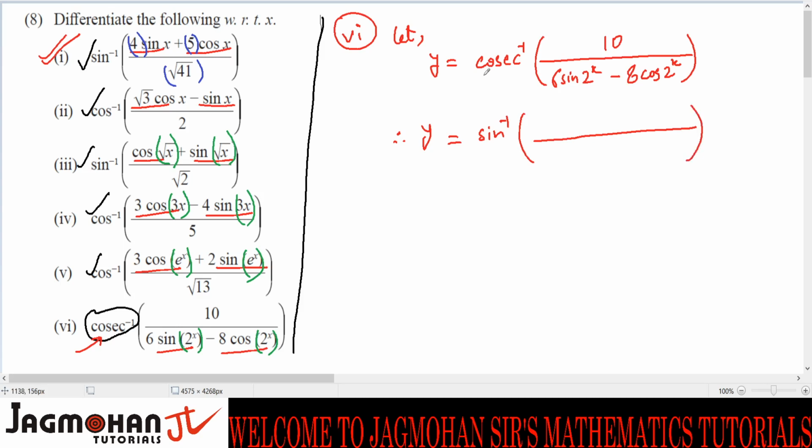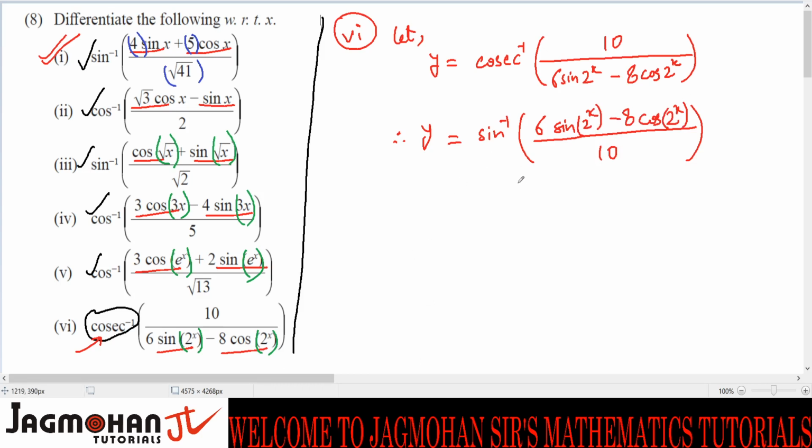Since you are converting cosec inverse to sine inverse, you will write the reciprocal of this bracket. So now the numerator will become 6 sine 2 raised to x minus 8 cos 2 raised to x upon 10.